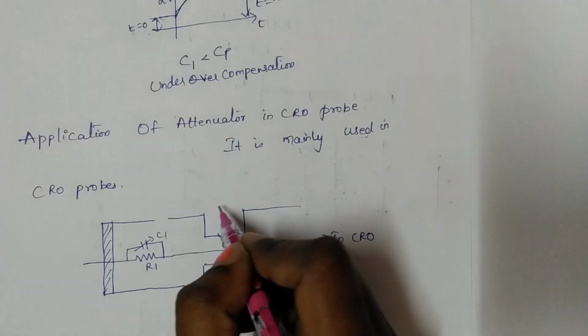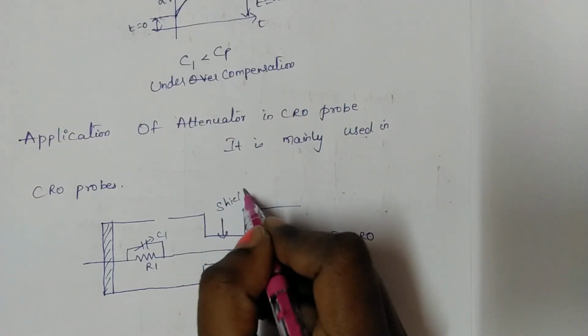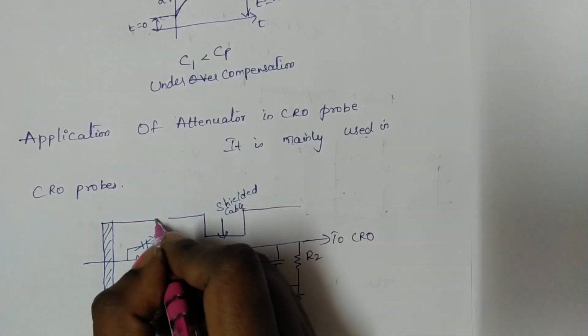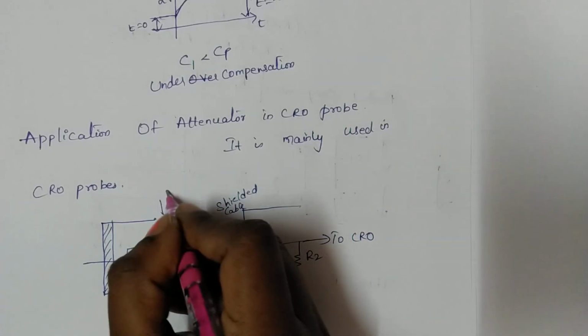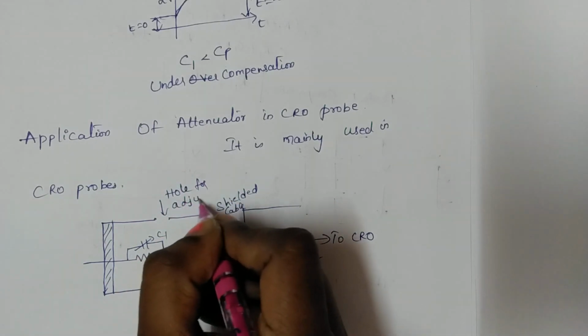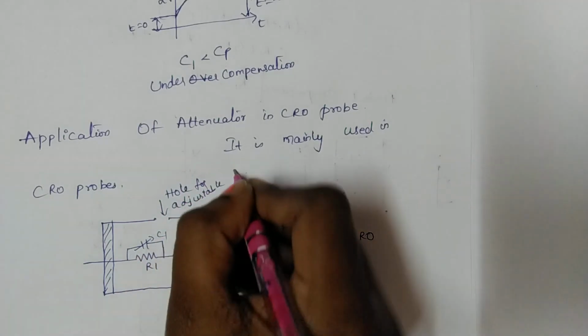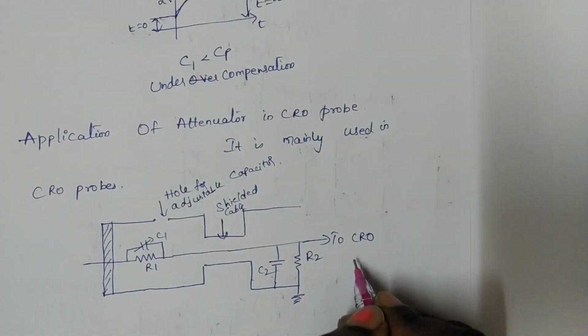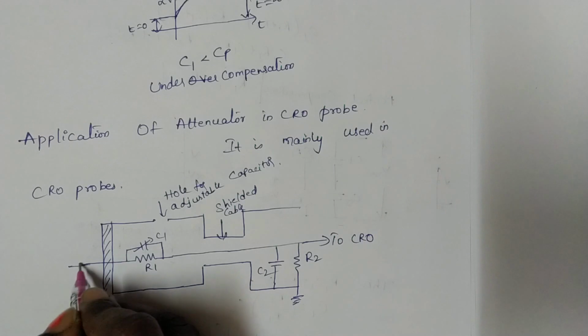This is the shielded cable. When we see a CRO probe, there is a shielded cable, and there is a small hole for adjusting the capacitors. The signal goes to the CRO to be displayed on the screen.